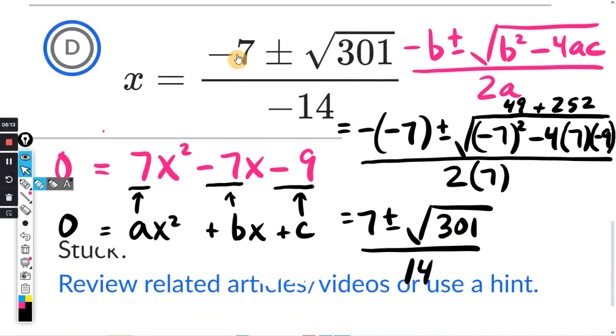They have negative 7 and negative 14. We have positive 7 and positive 14. Those are actually the same thing because negative divided by negative is positive. So answer D is the correct answer. For some of these, we will have to simplify the square root, but on this one, it's already here. So that's it.